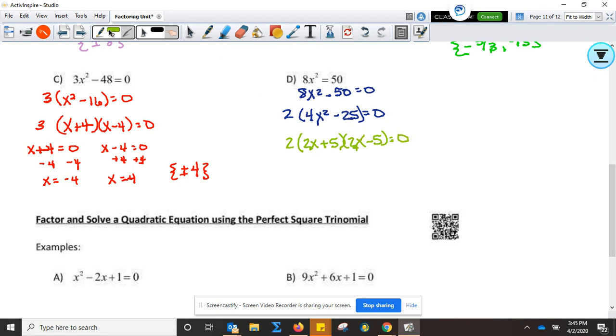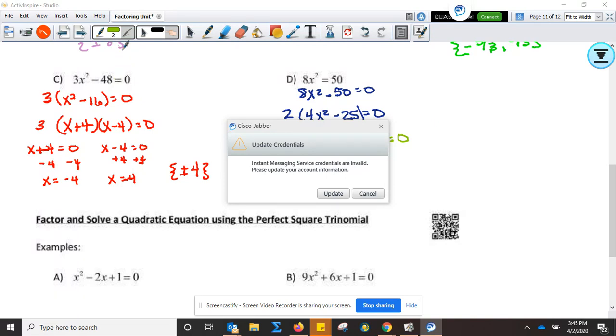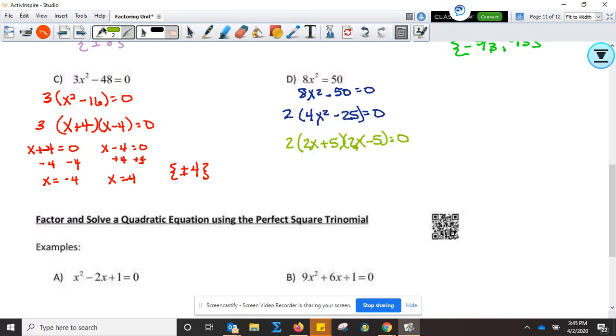Okay, so setting each one of those equal to 0. 2x plus 5 equals 0. 2x minus 5 equals 0. And solve. Subtract 5. 2x equals negative 5. X equals negative 5/2. Well, guess what the other one's going to be?